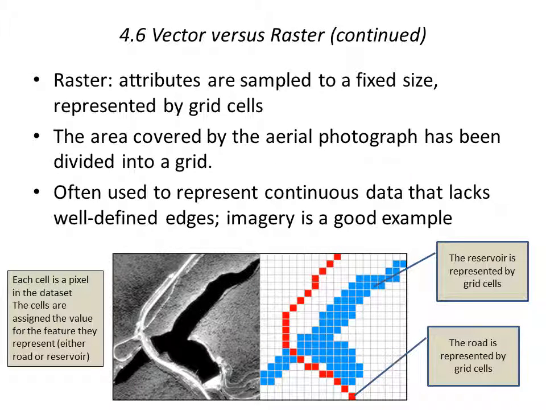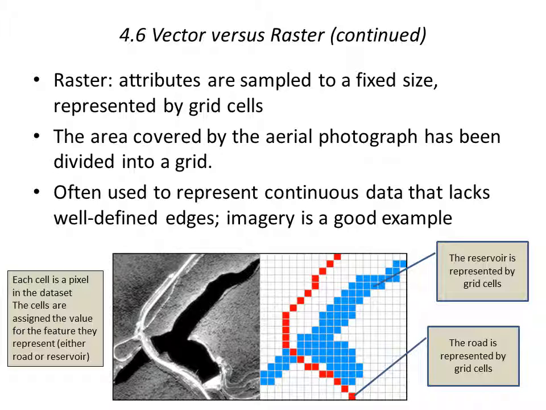Raster data, by comparison with vector data, samples attributes to a fixed size and represents them as grid cells. The area covered by the aerial photograph has been divided into a grid. Raster cells are often used to represent continuous data that lacks well-defined edges. Imagery is a good example of the use of raster data.